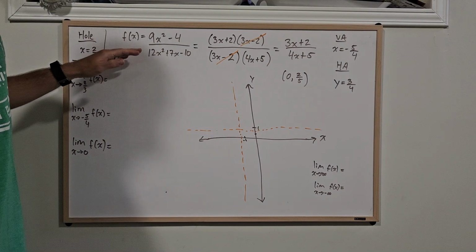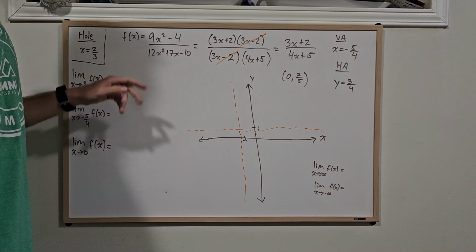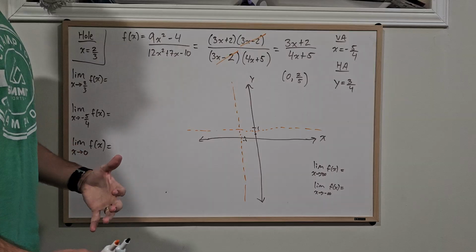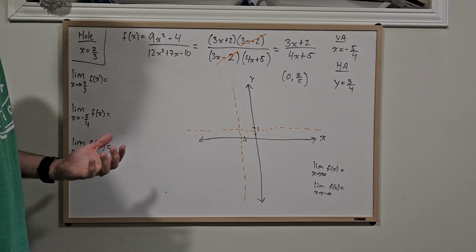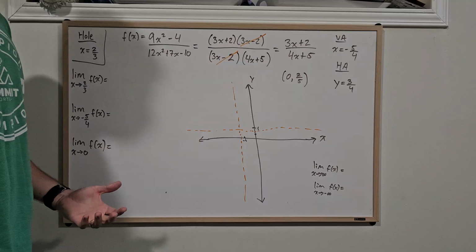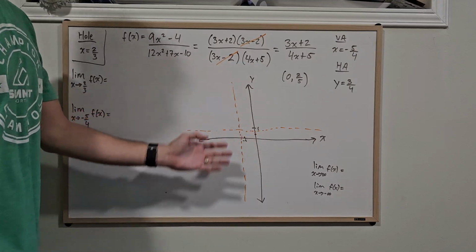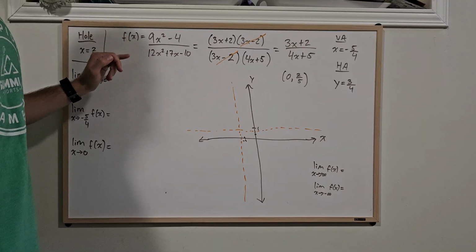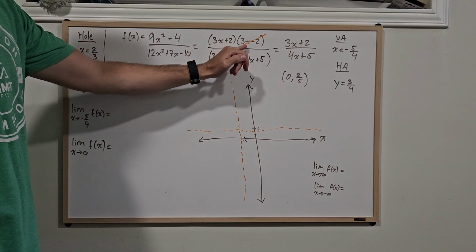First, we need to factor the top and the bottom. We're looking for vertical asymptotes, horizontal asymptotes, holes in the graph, all these different clues that we can use to draw the graph. Factoring the top part, we have a difference of squares, so it's 3x plus 2 and 3x minus 2.